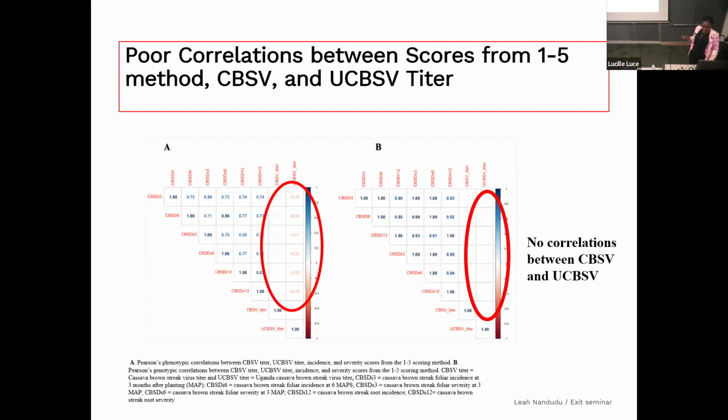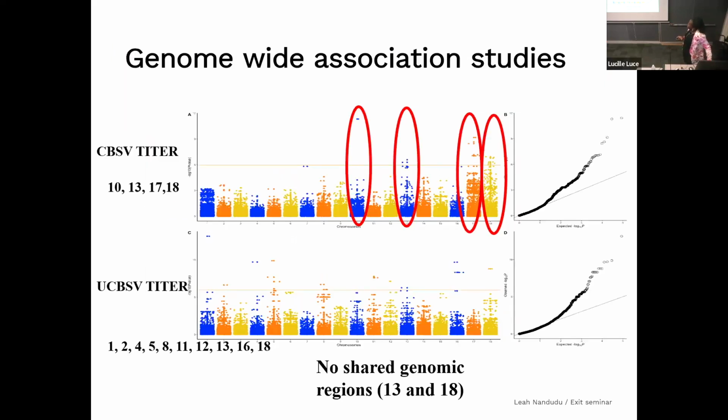We did GWAS and found some regions associated with CBSV titer. This was done in GAPIT, and you see chromosomes 10, 13, 17, and 18 were associated with CBSV titer, while numerous regions in the genome were picked out for UCBSV titer.